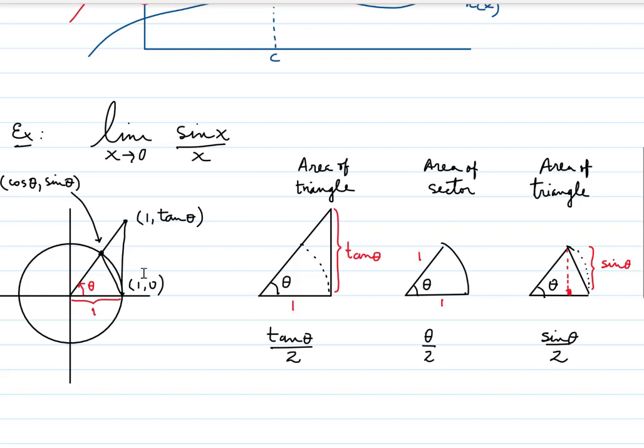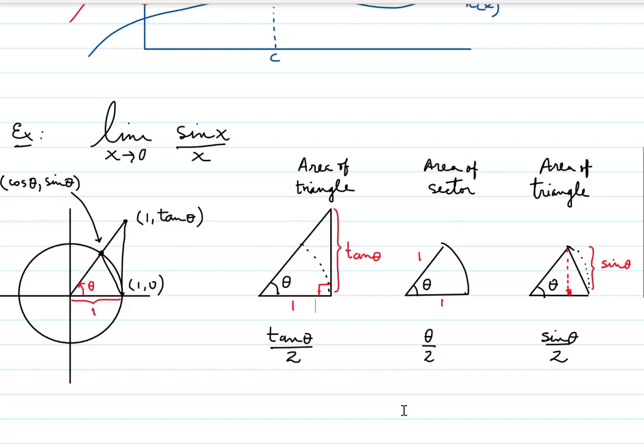First of all, look at the big triangle. We know that the area of any triangle is base times height divided by 2. We know this is 90 degrees, so tangent of theta is the height. So tangent theta times 1, divided by 2, is tangent theta over 2. That would be the area of this triangle.